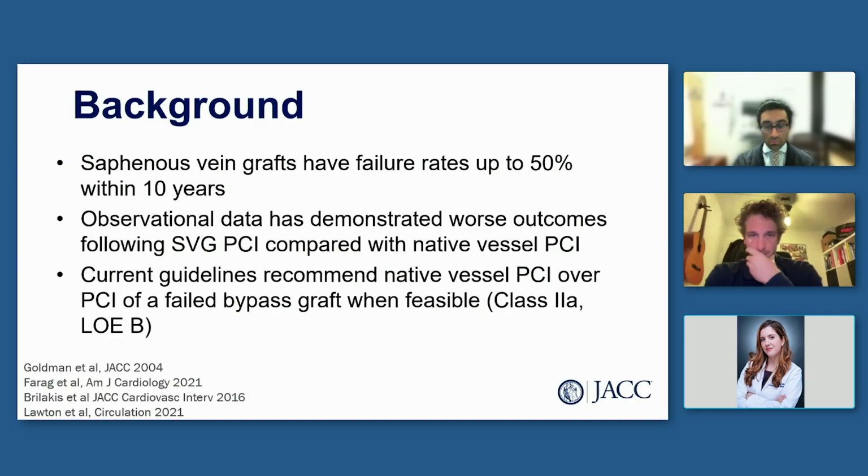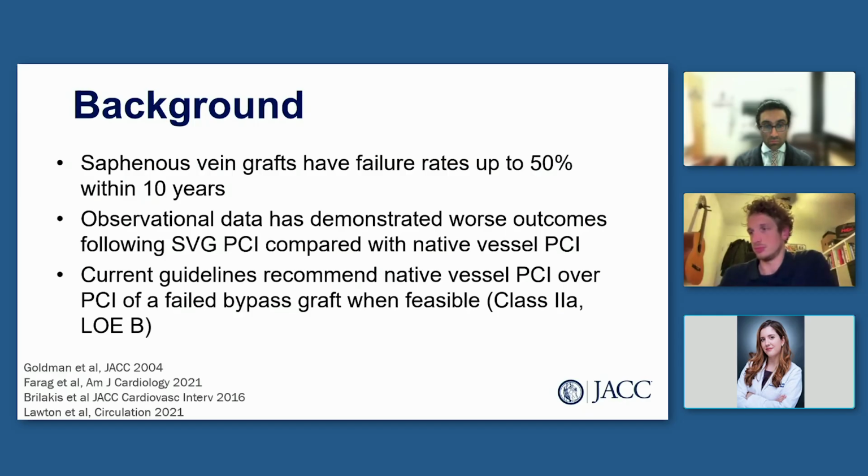Radial grafts, arterial grafts, a little bit longer, and saphenous vein grafts have the highest rate of failure. The observational data collected over time, and we'll go over a couple of those studies, has really shown that there are worse outcomes following intervention on saphenous vein grafts compared with native vessel PCI. And so that has really informed the guidelines and the current practice.